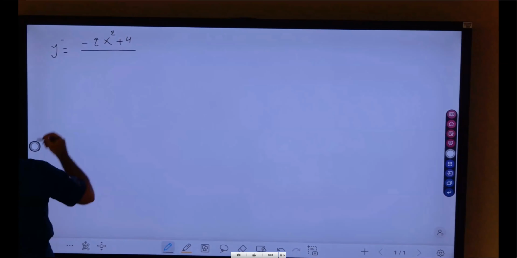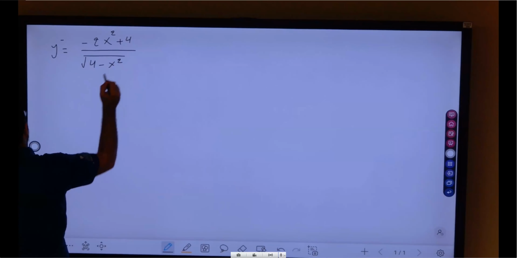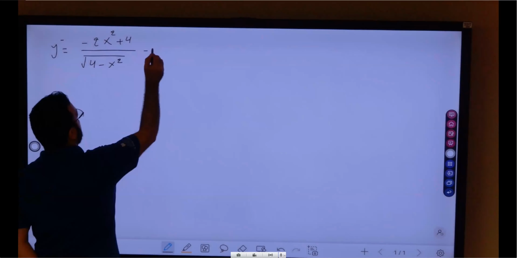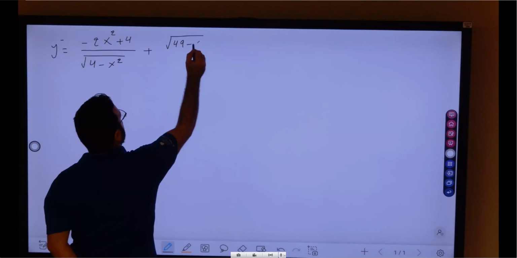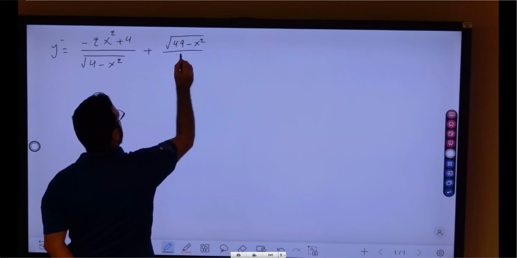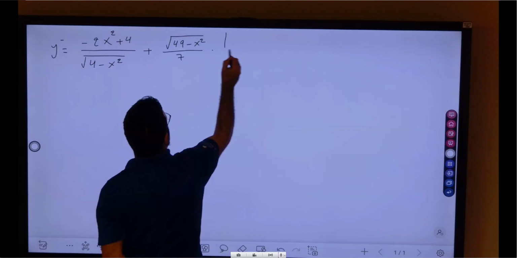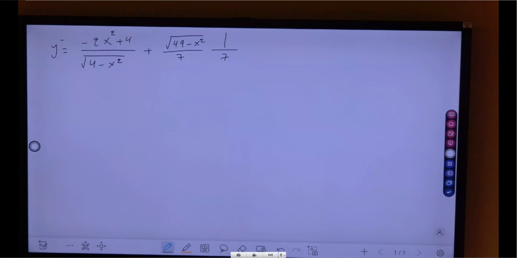The plus 4. Square root 4 minus x squared. And here, you keep the top. So plus square root of 49 minus x squared over 7, times 1 over 7. So it's over 49, right? Cool.